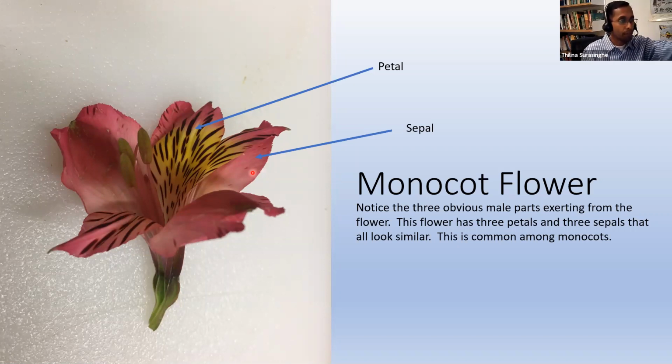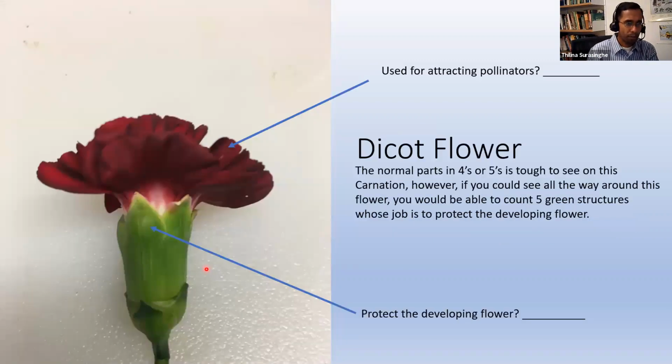Some of them you can see actually 3 petals, 1, 2, 3, and then I want to say 6 sepals. So if you find flower parts like number of sepals, number of petals are either 3 or multiples of 3, you could be looking at a monocot. If the flower parts occur in 4s or 5s or multiples of 4s and 5s, you could be looking at dicots. Another difference between monocots and dicots.